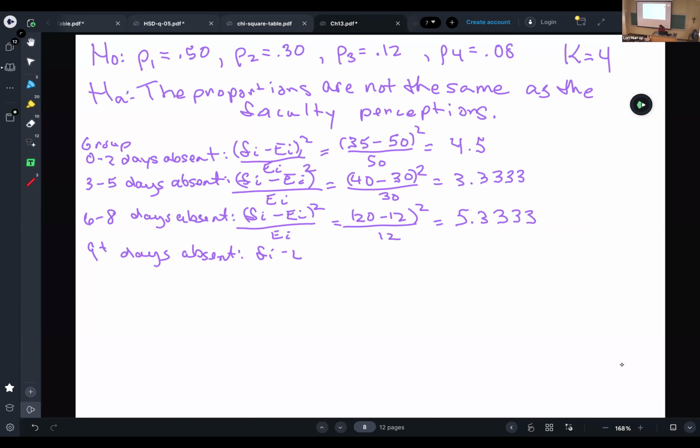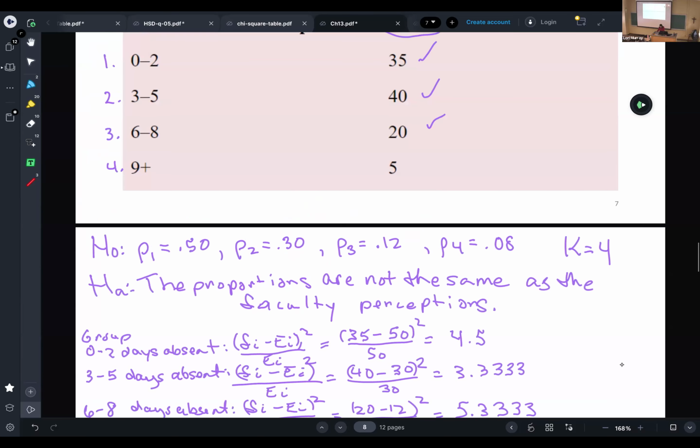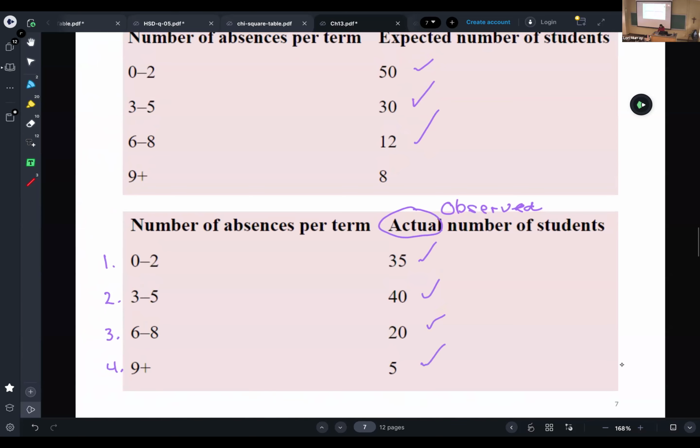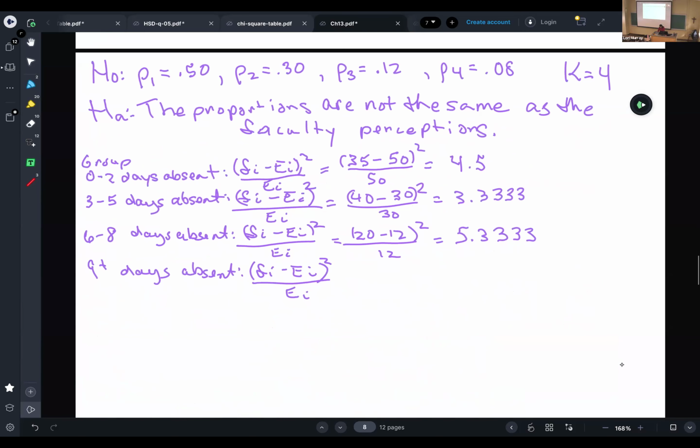What was it? It's 5 subtract. They only had 5 students miss more than 5 days, but they expected 8, or 8%. So it's going to be 5 subtract 8, squared, divide by 8. So the contribution for group 4 is 1.125.